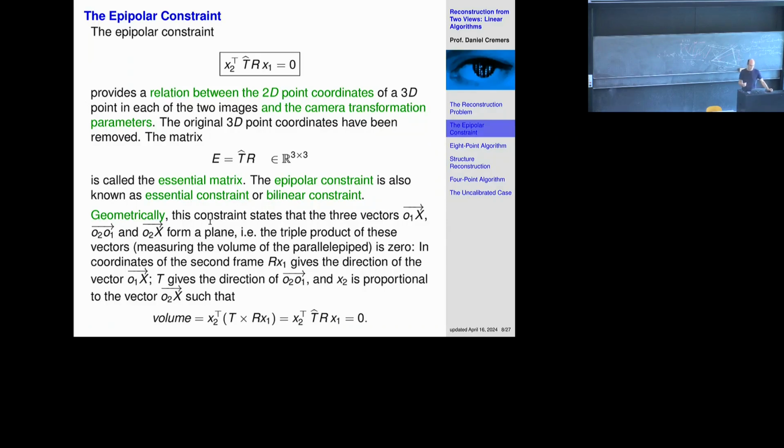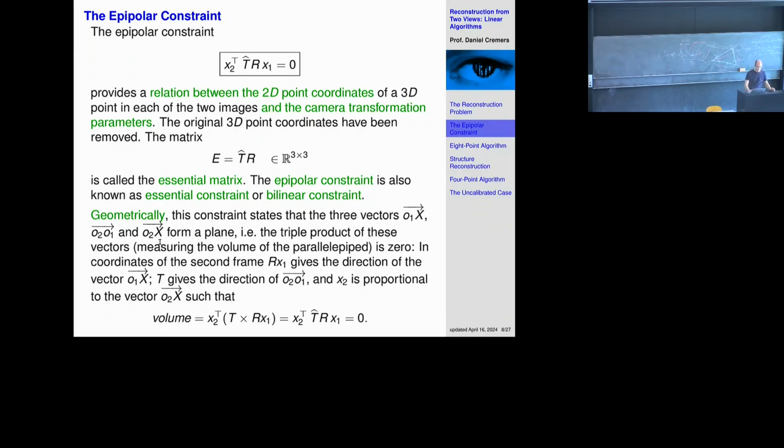Or in other words, the volume spanned by these 3 vectors should be 0. I mentioned that before when we introduced vectors and vector spaces, that you can define the so-called triple product of 3 vectors, and you say that the volume is 0.